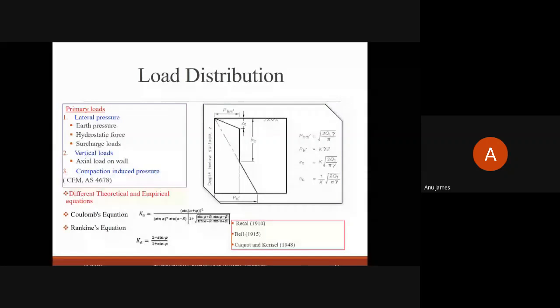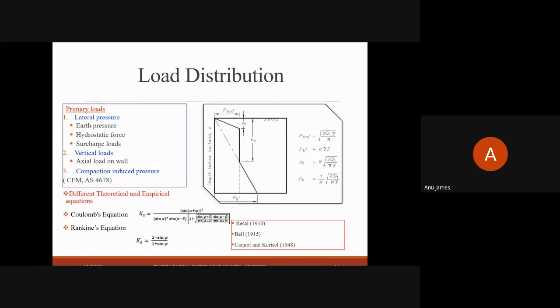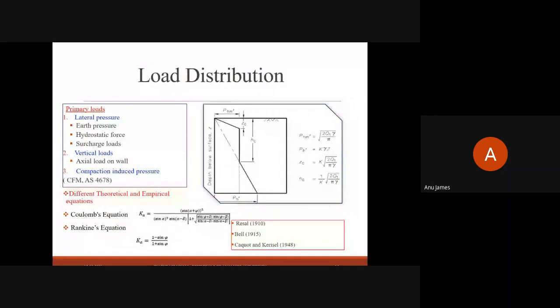Next is the compaction-induced pressure. In conventional calculations, the lateral loads do not include the compaction-induced pressures. So when calculated by ignoring the compaction-induced pressure, that may underestimate or result in a reduced value of lateral pressure in case the earth backfill is a compacted area.